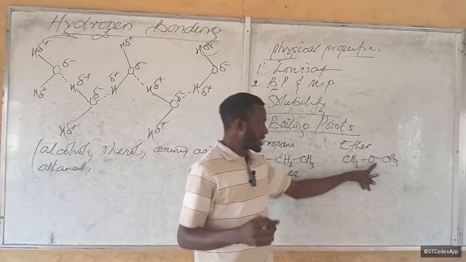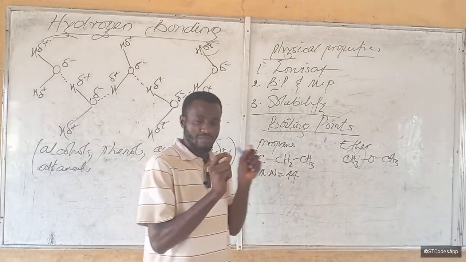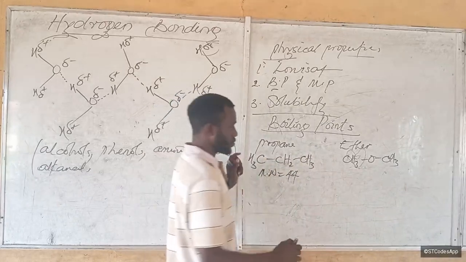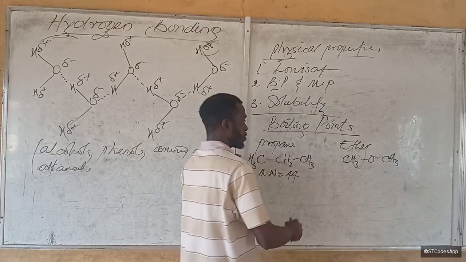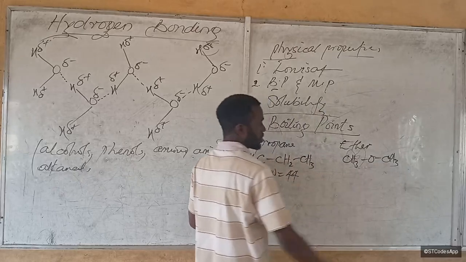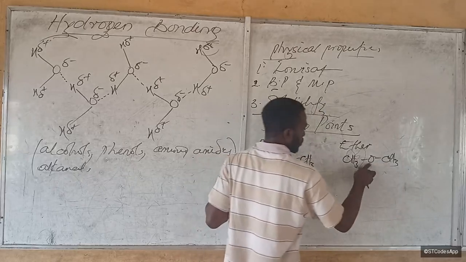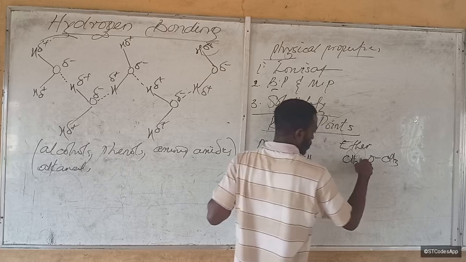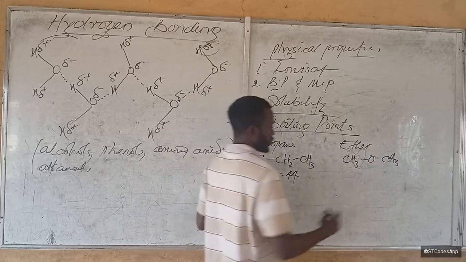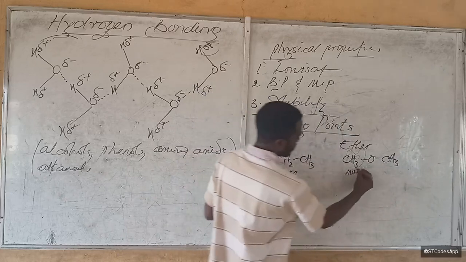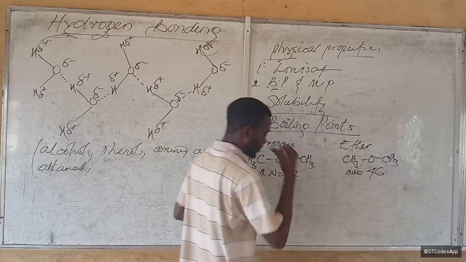The reason I'm using this is so that you can see the difference in their electronegativity values. Carbon 12 times 2 is 24, plus 6 is 30, plus oxygen 16, that's 46. So the molecular weight of this one is 46.